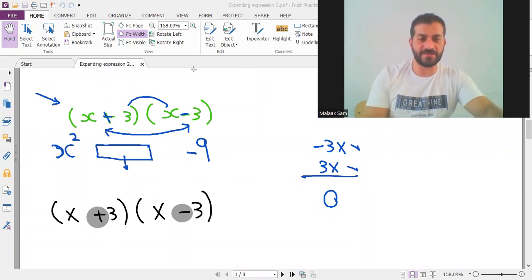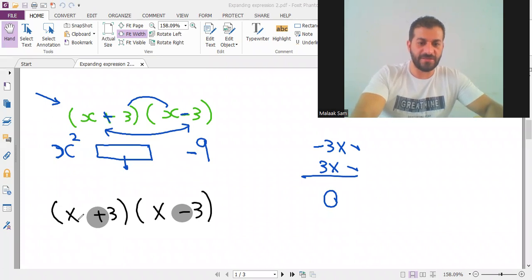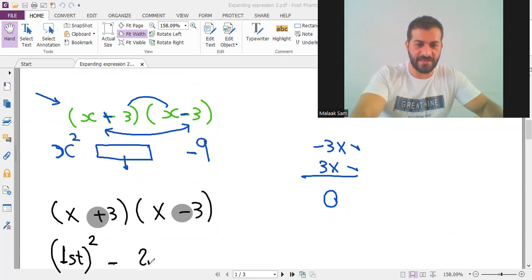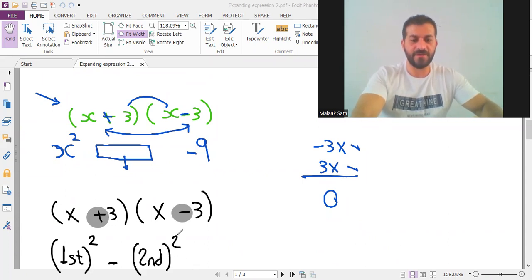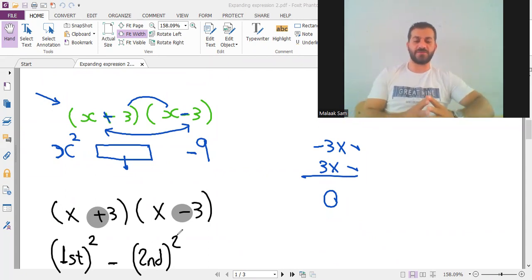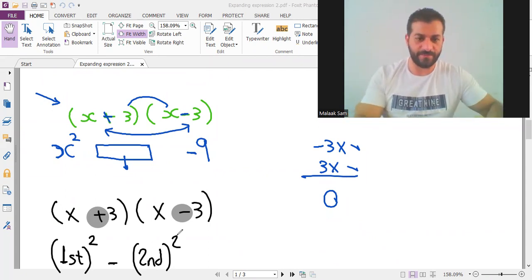So in this case, we can multiply the first by itself, the first square minus the second square. 3 times 3 is the second square, because they are the same, 3 and 3.